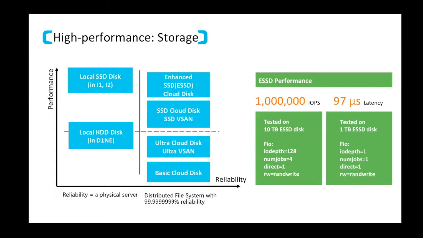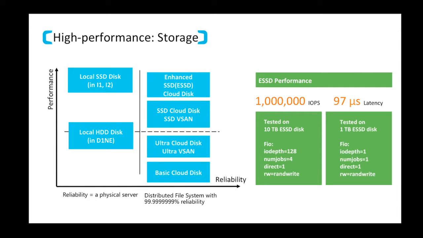Alibaba Cloud also provides a wide variety of storage products for your instance, including the elastic block storage, EBS in short, based on the distributed storage architecture, and also local disks located on the physical server that an ECS instance is hosted on.